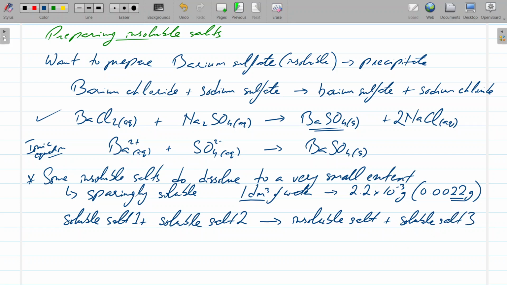That's a new thing. You can write it as AX plus BY, kind of looks like algebra, will give you BX plus AY. This is the same way it's given in the book, just for understanding what's going on. You're basically having the ions move about.